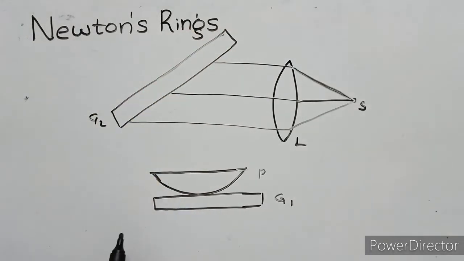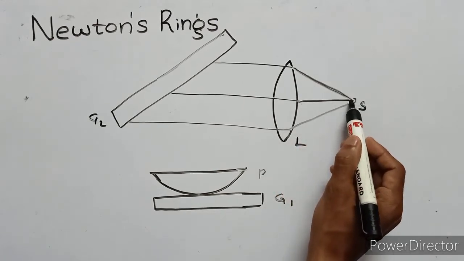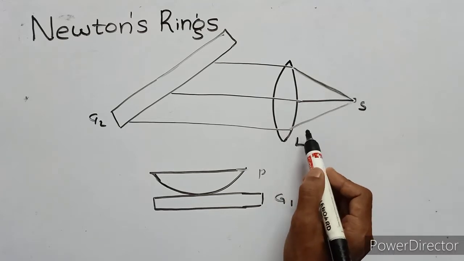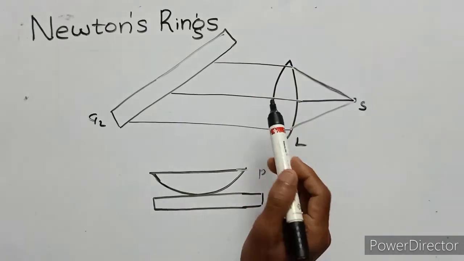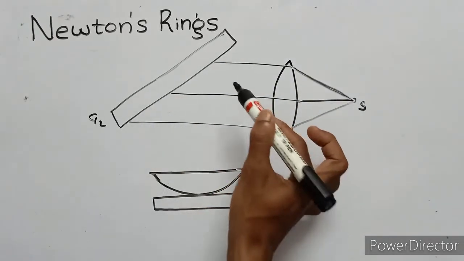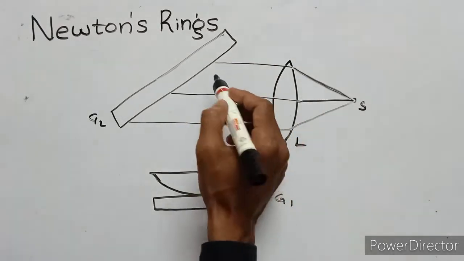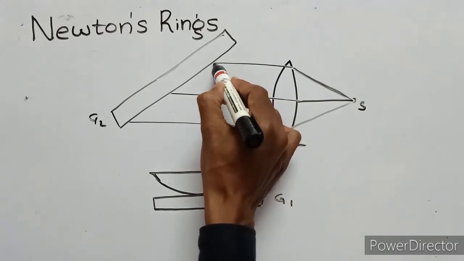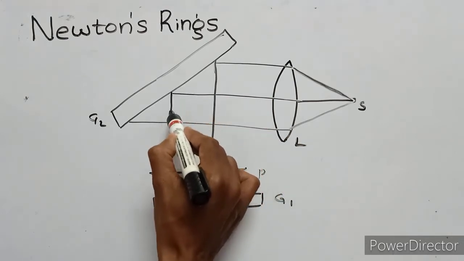The light rays bend by 90 degrees and are incident on the plano convex lens.